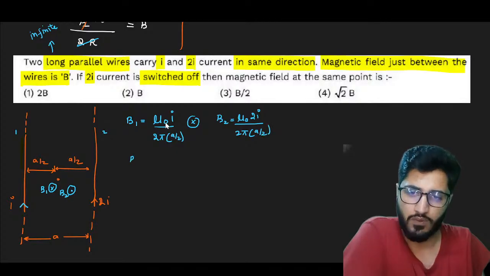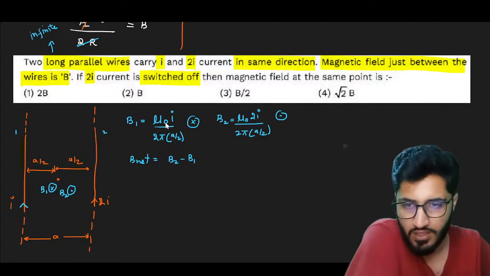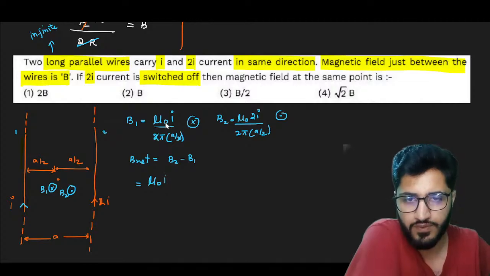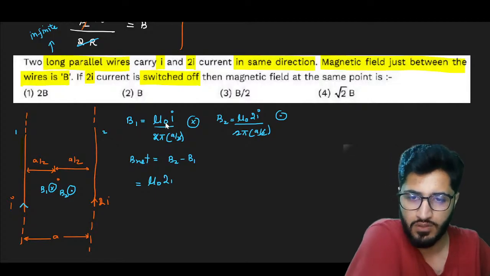What is B net now? I guess it is B2 minus B1. Why? Because B2 is more than B1. Is B2 more than B1? Yes, sir. So I will write now mu naught I, the 2 cancels out. B2 is mu naught 2I divided by pi A, minus mu naught I divided by pi A. I will take mu naught I by pi A common.